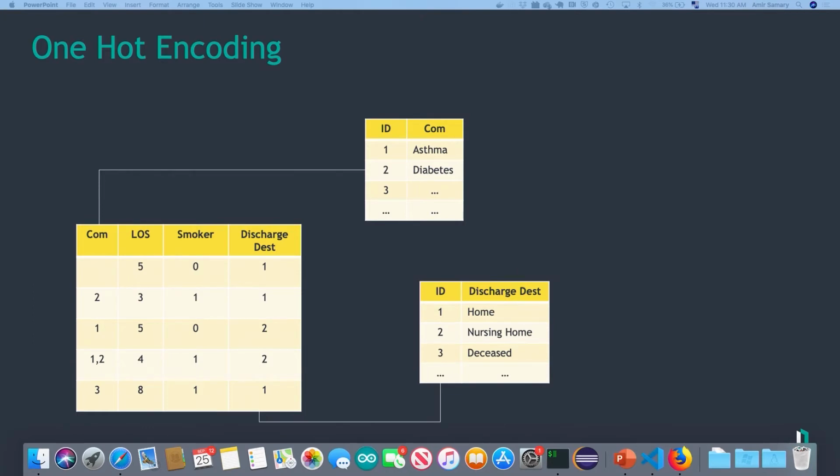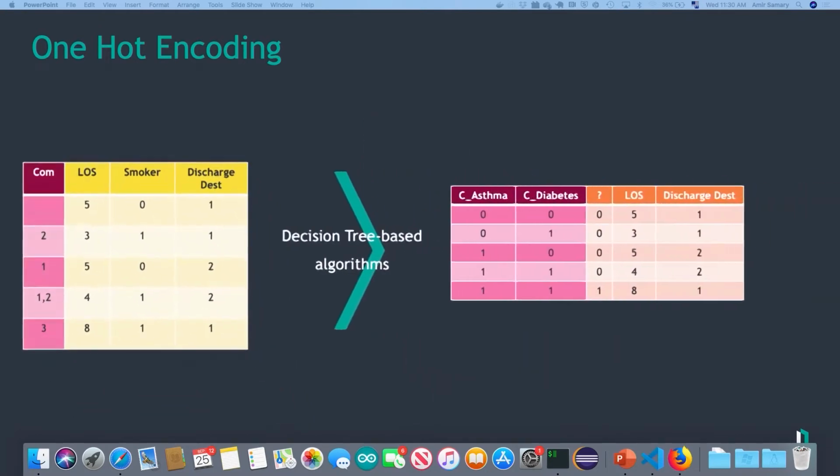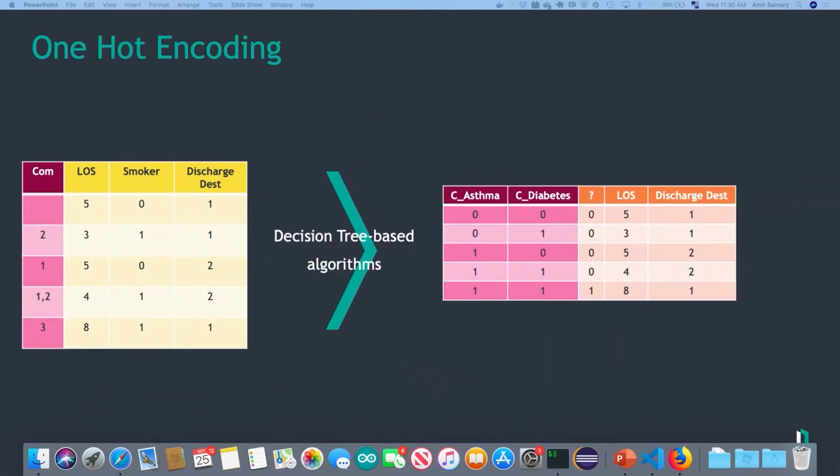But decision trees and neural networks don't like to see the data like this. They like one-hot encoding the data. So that comorbidities column becomes as many columns as you have comorbidities.